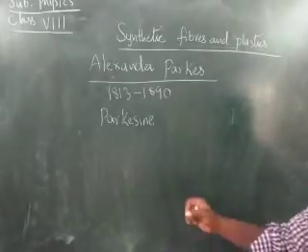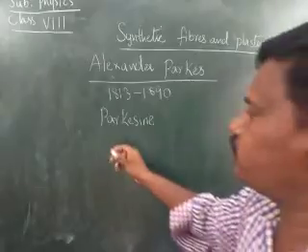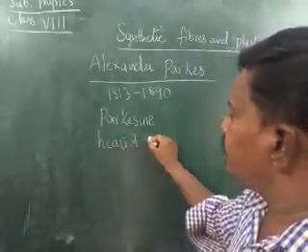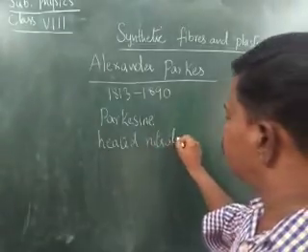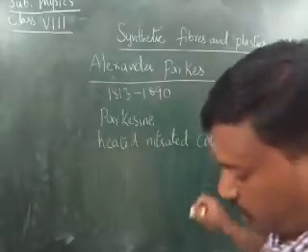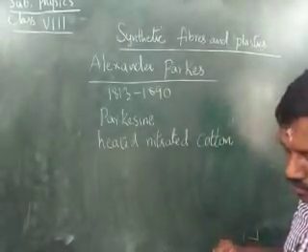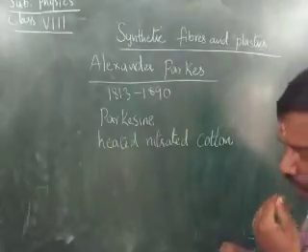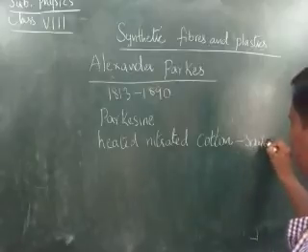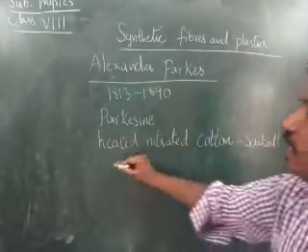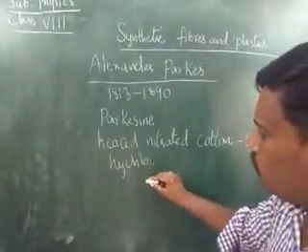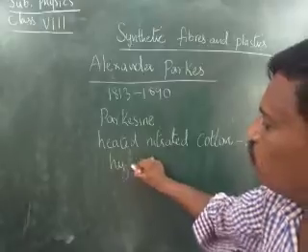To prepare this material, Parkes heated nitrated cotton, which was previously soaked, that means dissolved or kept inside, in hydrochloric acid.